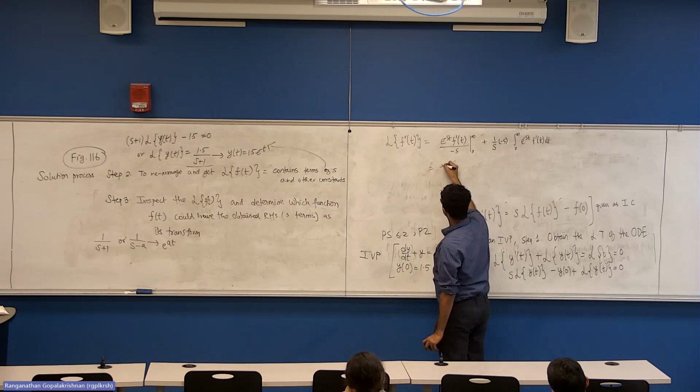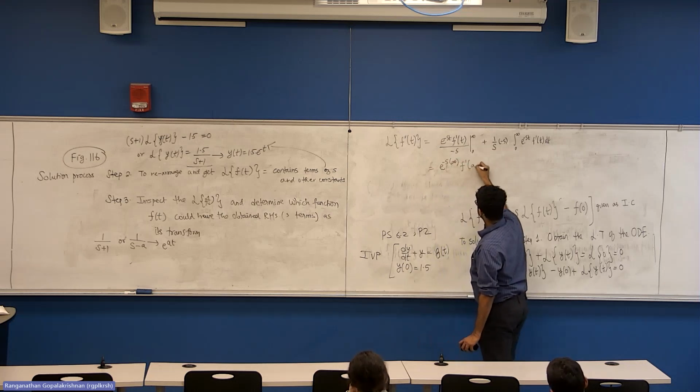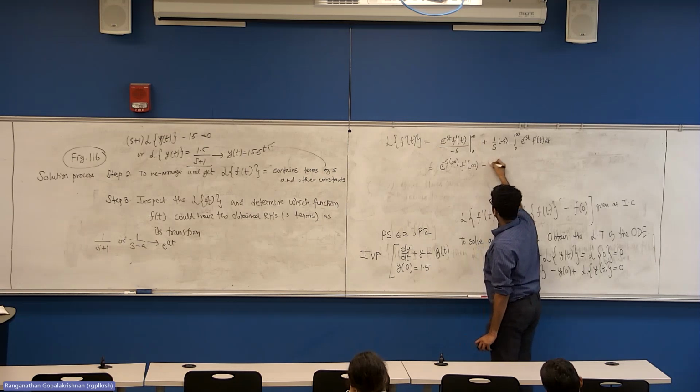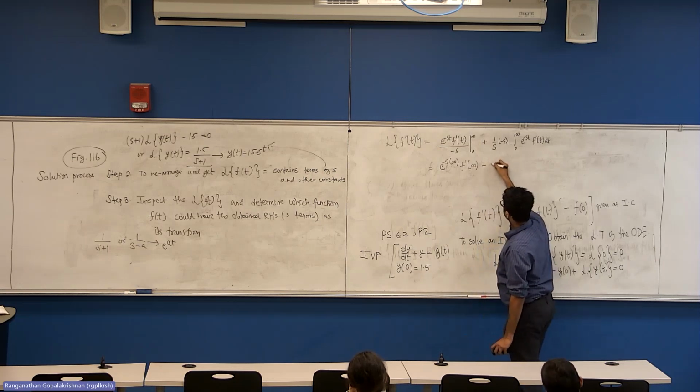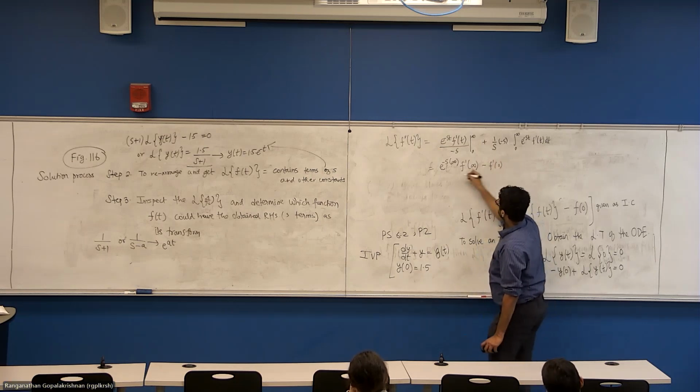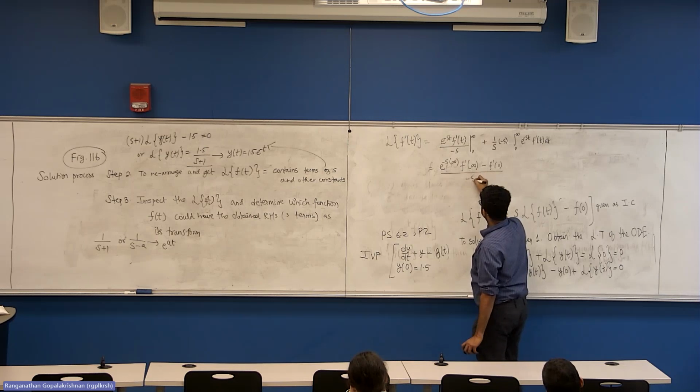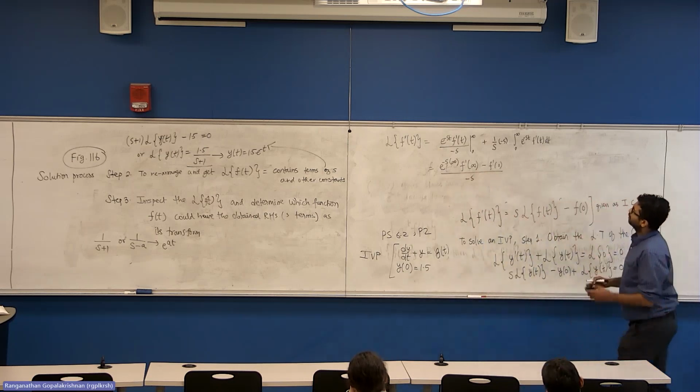This is like saying e power minus s times infinity times f dash of infinity minus f dash of 0 divided by minus s. No, wait, where did I put minus s?